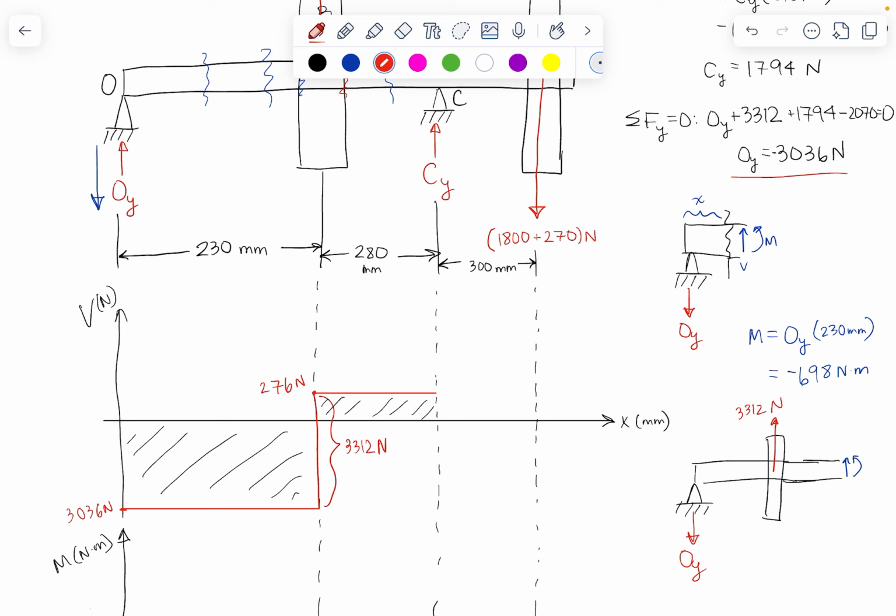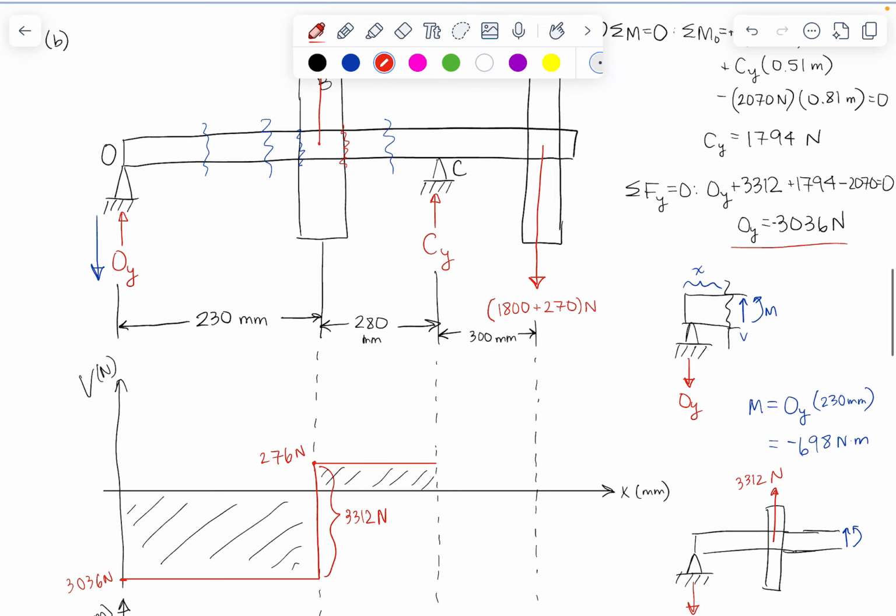So CY is now acting as a shear force here, and we can use our same trick where we know that we are just going to go up here by a distance of CY, which is 1794 newtons, so 276 plus 1794.